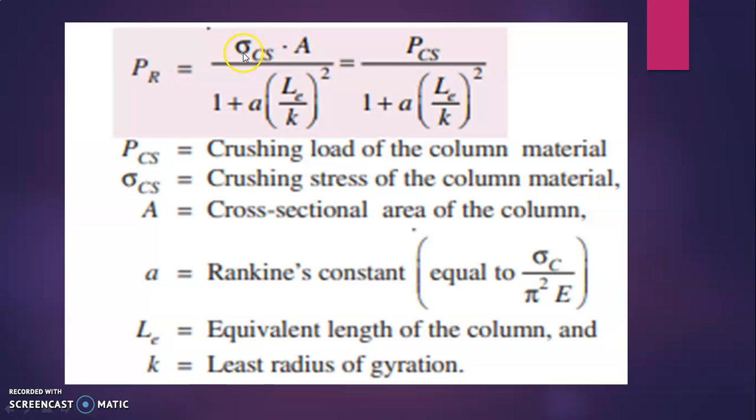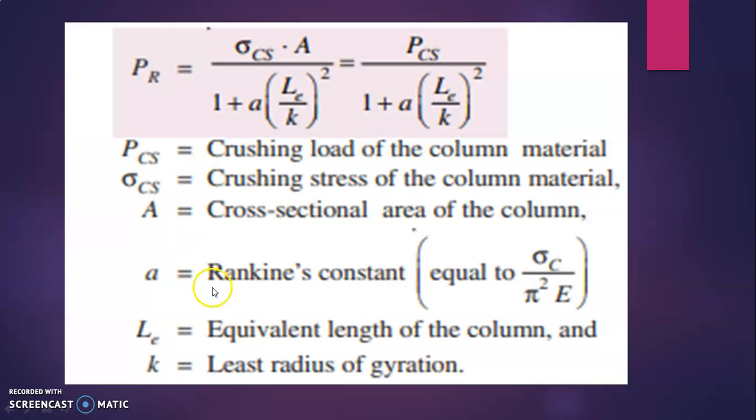This sigma C into A is nothing but the load. So PCS divided by 1 plus alpha into LE divided by K whole square, where PCS is nothing but the crushing load. You can write sigma C into A also, where this is the crushing stress and this is the cross-sectional area. Either formula you can use.